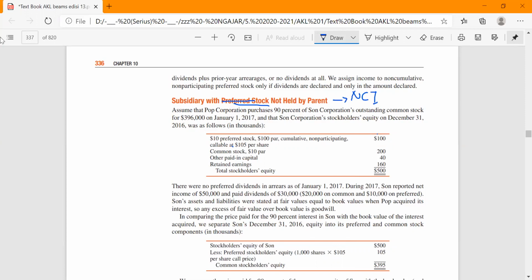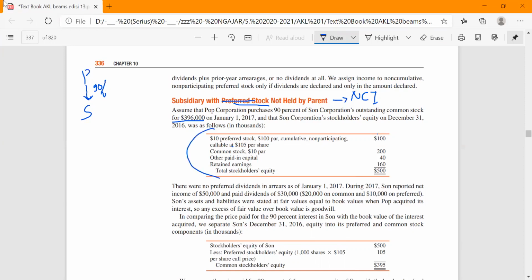Assume that P purchases 90% of S, for this amount in cash. And at that time, when P purchases S, the stockholders' equity position is like this.